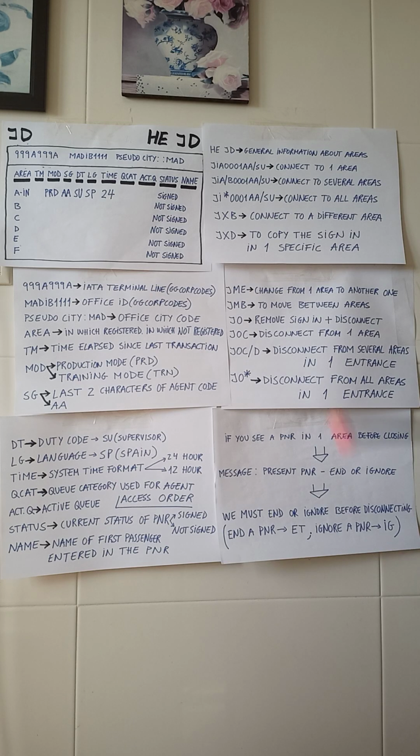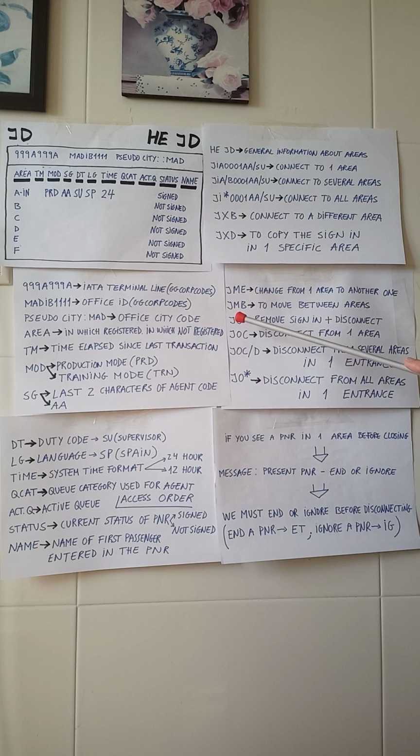JXB, this one, is used to connect to a different area, and JXD is used to copy the sign in to a specific area. JME, this one, is used to switch from one area to another one, and JMB, this one, is used to move between areas.